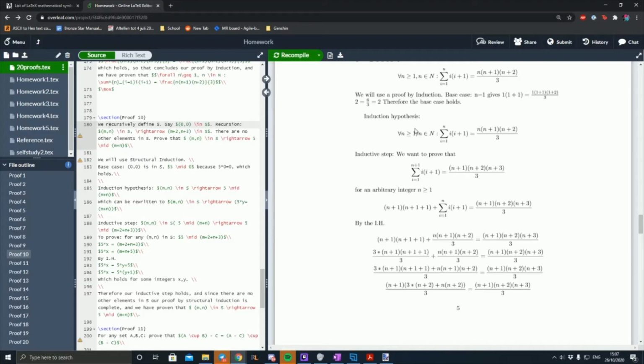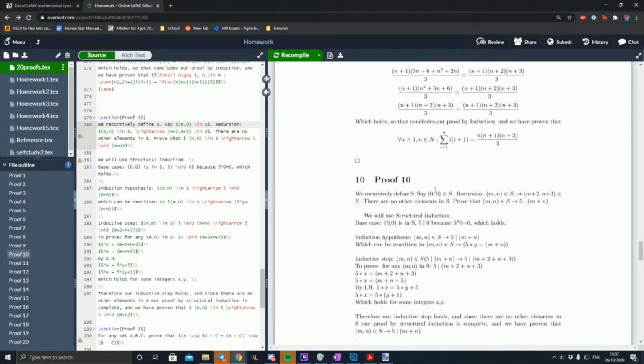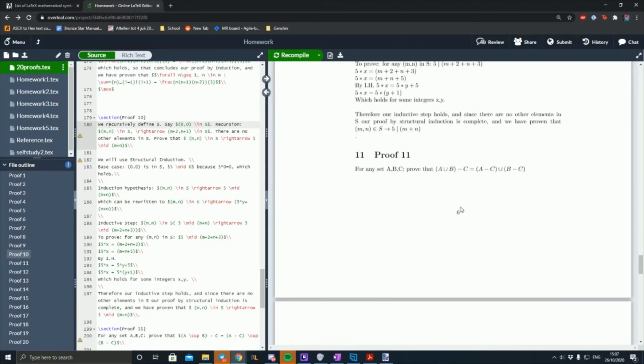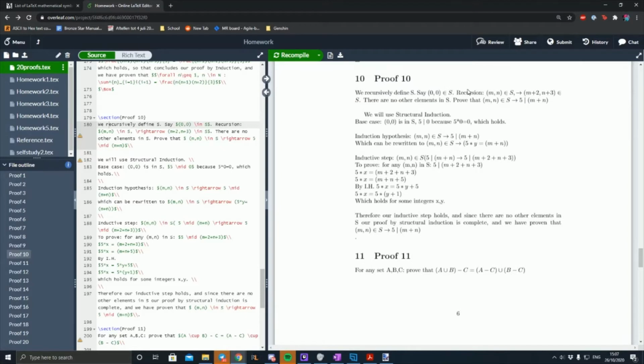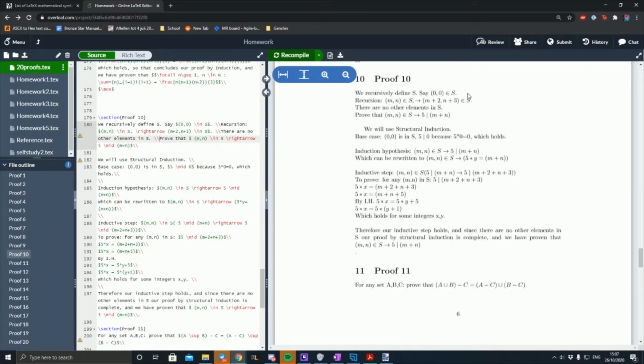Because we want to prove that if the induction hypothesis holds, then the inductive step holds as well. And the same way it goes in here, because the set S is recursively defined. Oh, okay. I'm going to put some more slashes in here so that this is a little clearer.